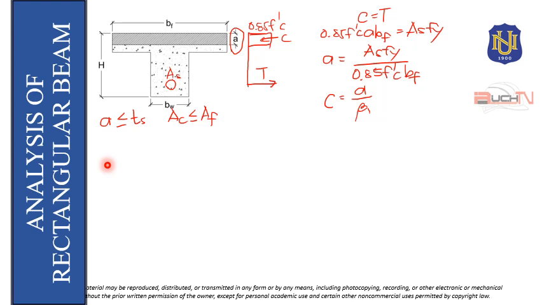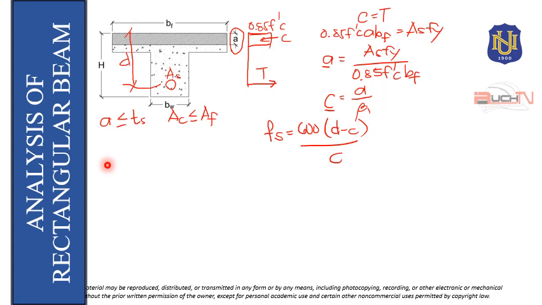So, pag nakuha na natin yung A theoretical ulit and C theoretical, i-verify pa rin natin yan kung mag-yield yung steel or hindi through the equation Fs is equal to 600 times D minus C over C, which is yung D pa rin natin is mula dun sa compression down to the centroid of the reinforcement.